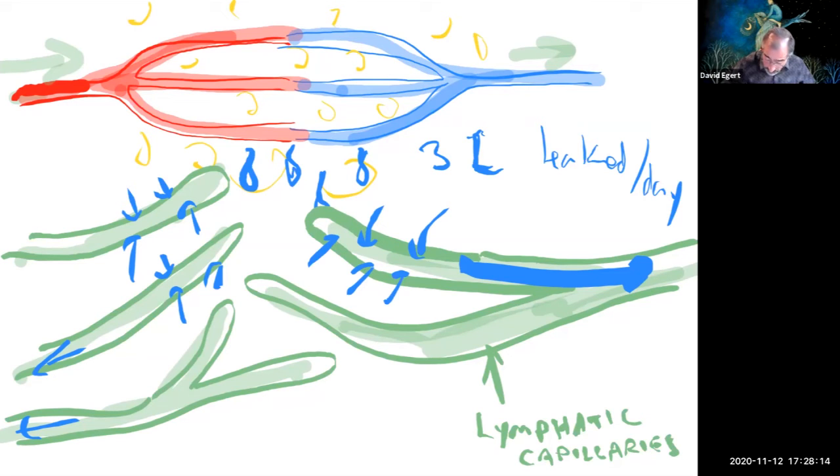A lymph capillary has these little endothelial cells that can actually open up and flap. As you're moving around, these things are embedded in the connective tissue. These little endothelial flaps open and close, and there are little suctions.